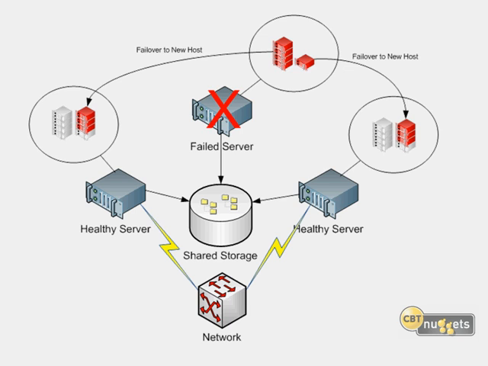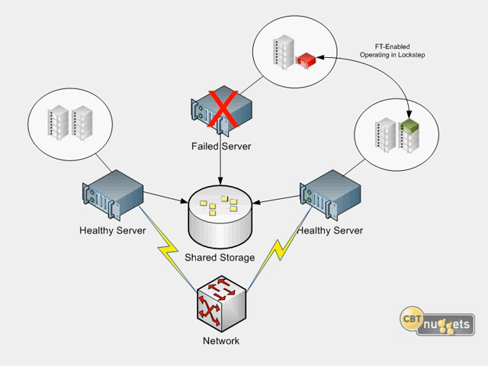So that's really the use case that fault tolerance is designed to fix. So let's say I got this really important VM here. When I turn on fault tolerance for that really important VM, I actually create a pair for that VM, a mate for that VM, and essentially another VMDK file that exists down here on that piece of shared storage. So now I have 2 copies of this VM, one that's sitting on this server here, and one that's sitting on this server here.